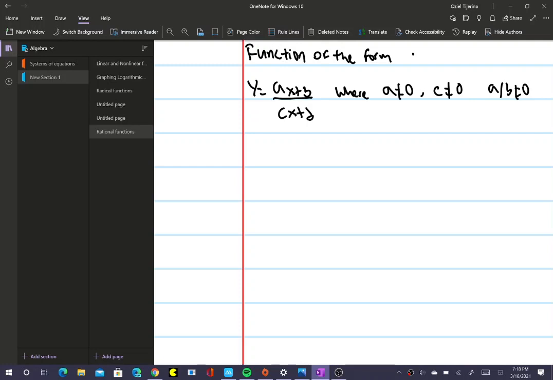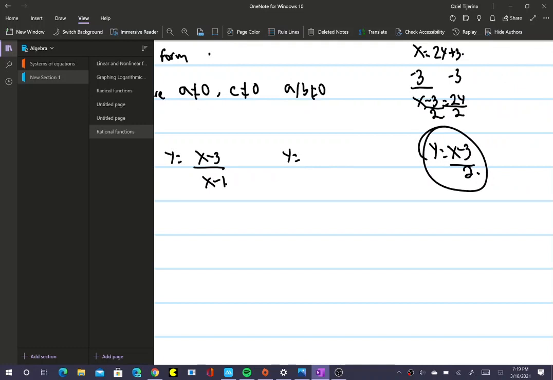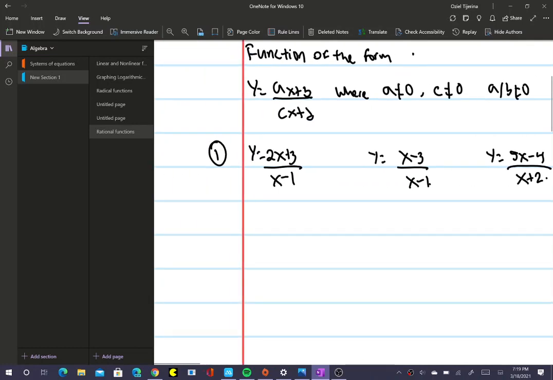Some examples of rational functions are y equals 2x plus 3 over x minus 1, y equals x minus 3 over x minus 1, y equals 5x minus 4 over x plus 2, etc. You don't have to have an x on top, but there does have to be a variable x on the bottom for it to be a rational function.